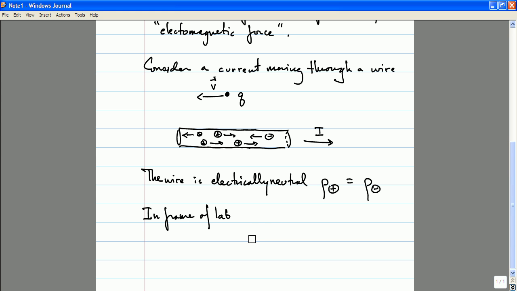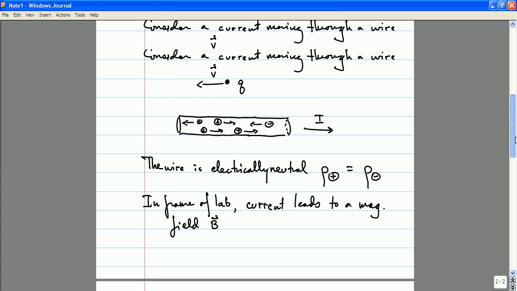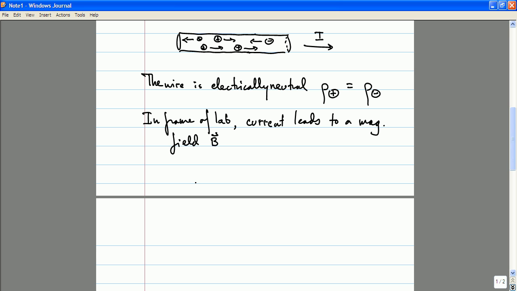So in that frame, the current will lead to a magnetic field, usually denoted B, which we won't bother to work out the details, but roughly speaking, if here's your wire with a current in that direction, then there'll be some B field which is in a circular direction that surrounds the wire.